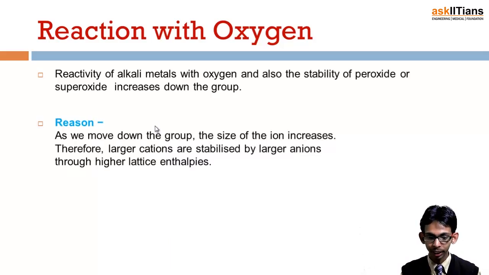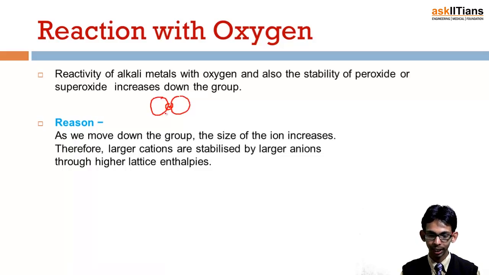And what is the reason for this? As we move down the group, the size of the ion increases. Therefore, larger cations are stabilized by larger anions through higher lattice enthalpy. In peroxide and superoxide, the oxygen part is larger. So a smaller metal cation cannot accommodate large anions.